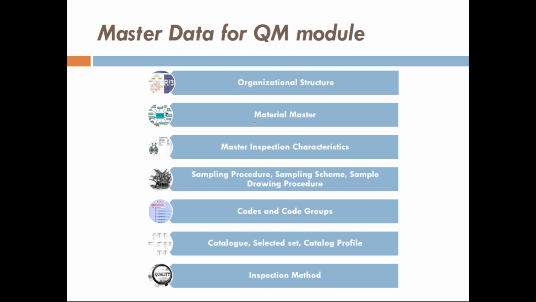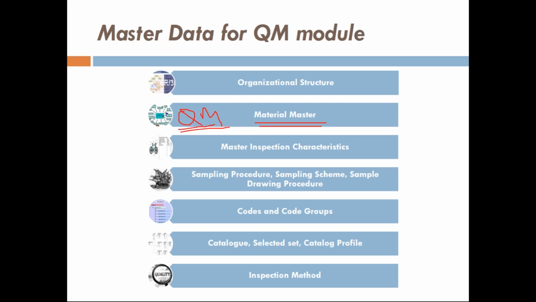Now material master. I assume all of you might know material master. How to create material, how to activate the views, how to enter the data, all those things you might know. Only in the material master for QM, there will be a view called the QM view, quality management view.